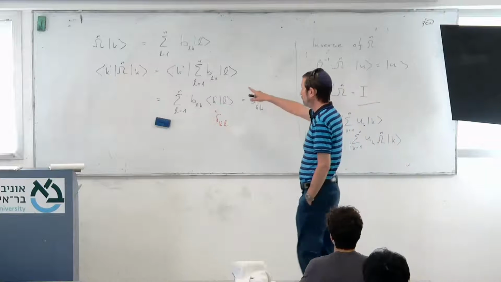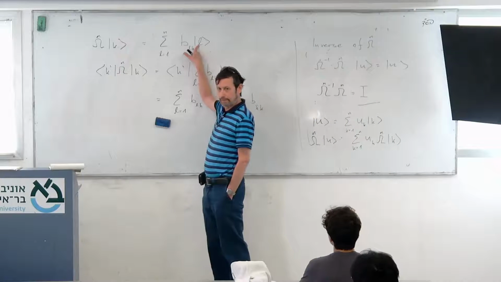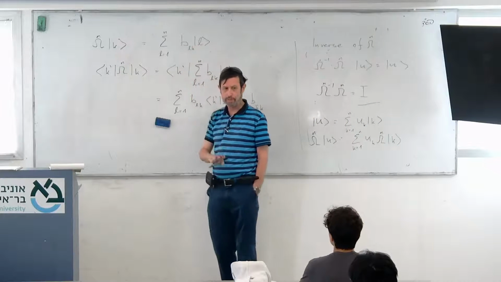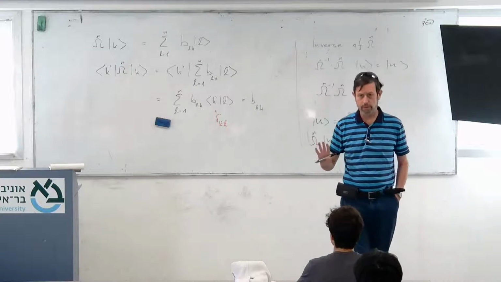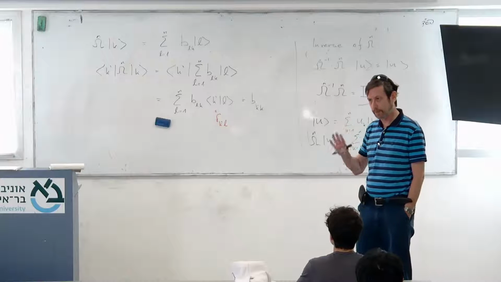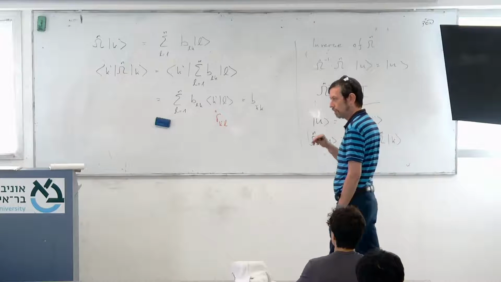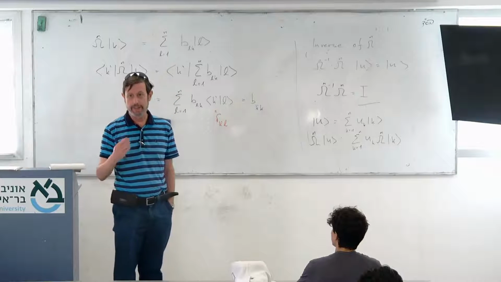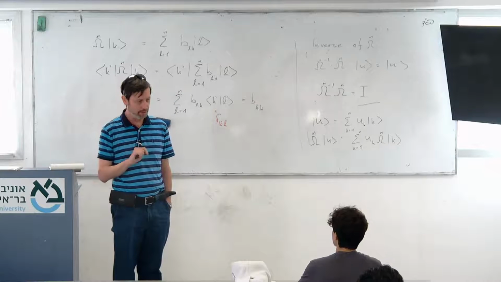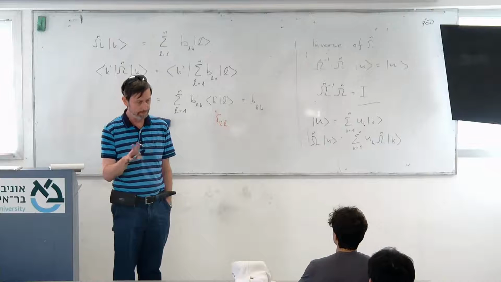No, because I get a vector. An operator operating on a vector gives you a vector. Oh, I forgot. Yeah. Don't get confused. Still, the basic definition that an operator operating on a vector gives you a vector remains correct. Correct.